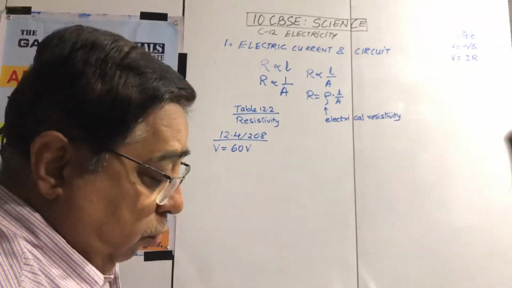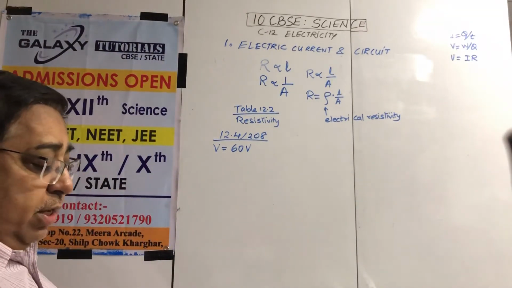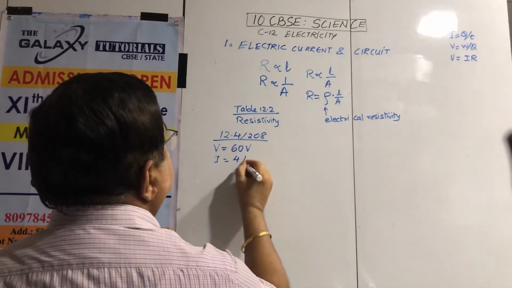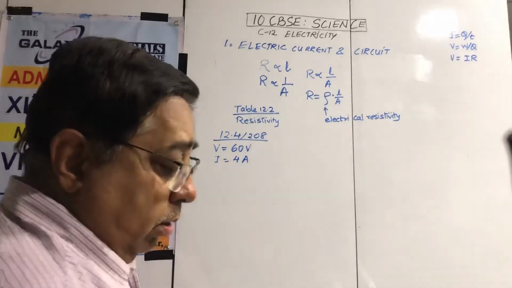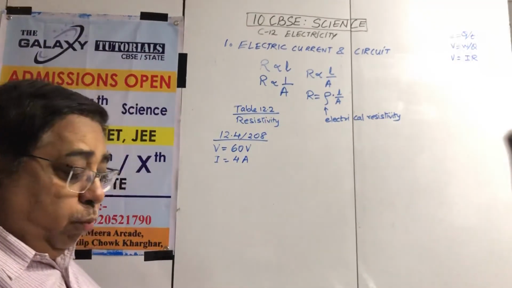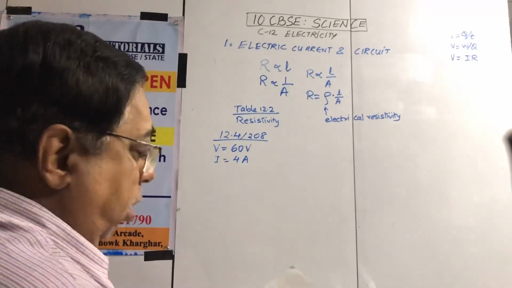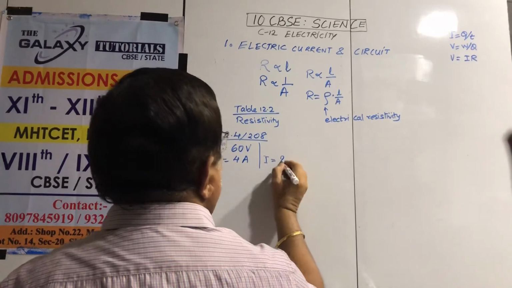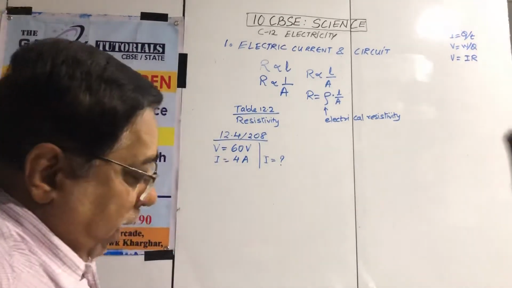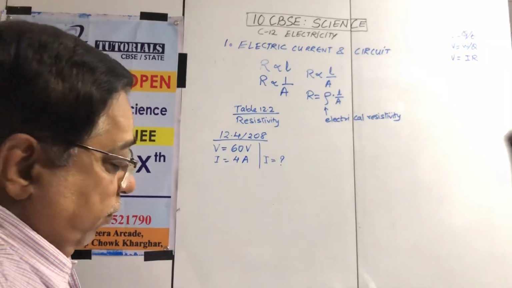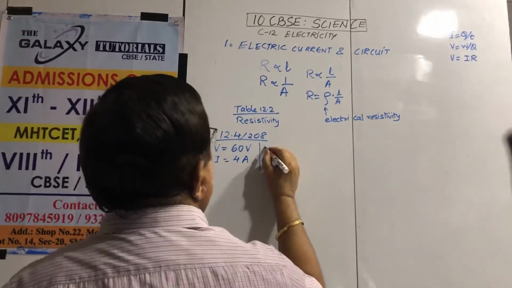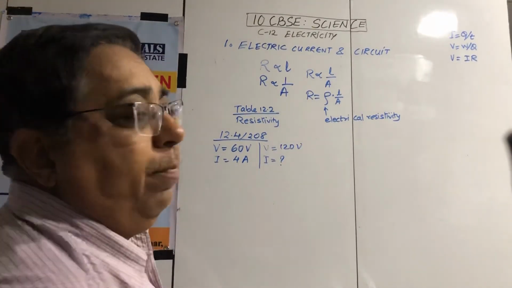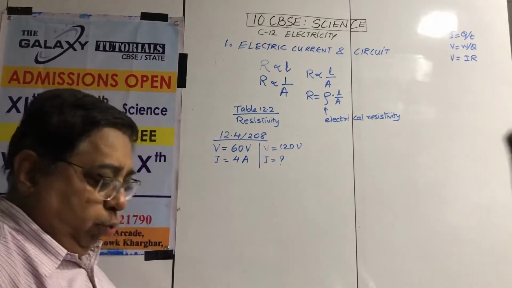Is 60 volts when it draws a current of 4 amperes from the source. What current will the heater draw when the potential difference is increased to 120 volts? So if I double the voltage, how much current will be used?